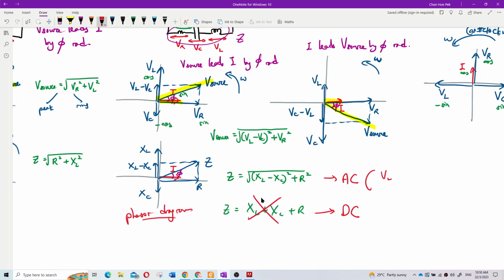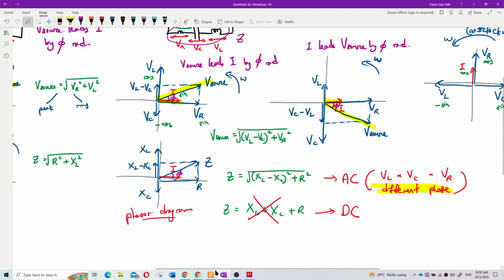Because VL, VC and VR have different phases, so you need to do Pythagoras theorem. You cannot just add them up. That's the reason. Sometimes they ask you to explain: because they have different phases.